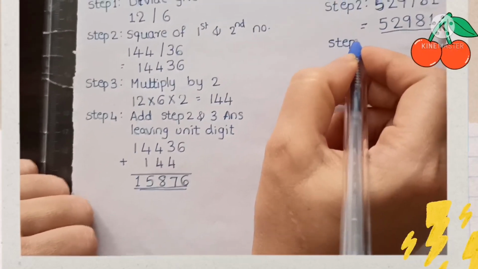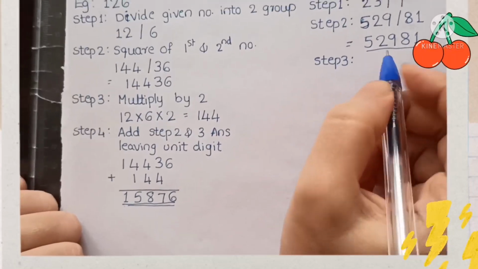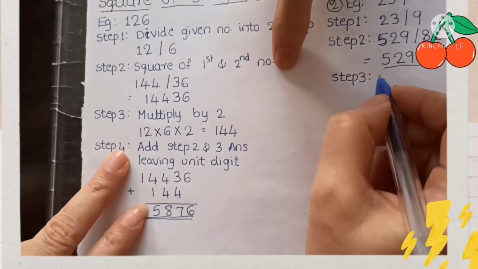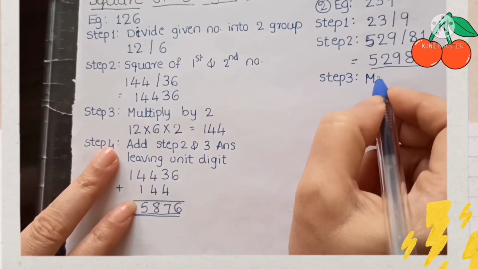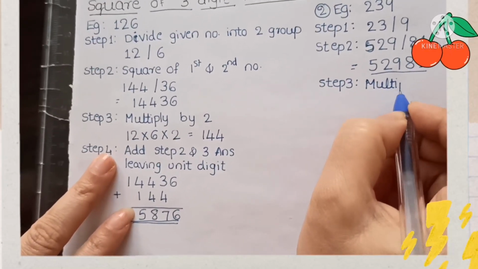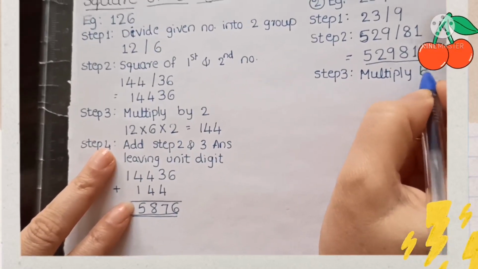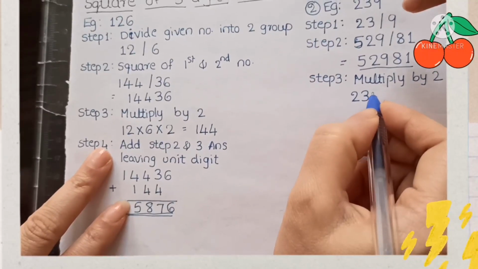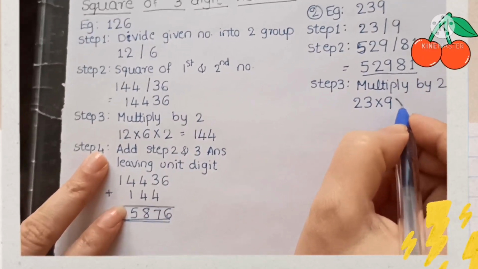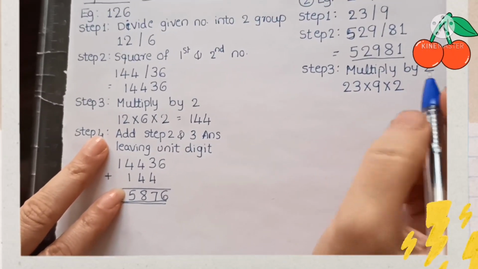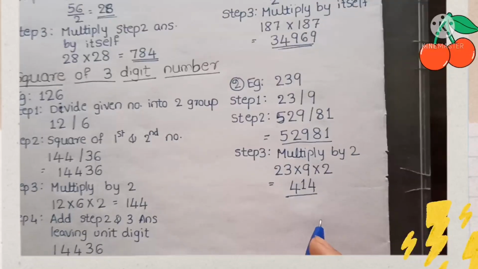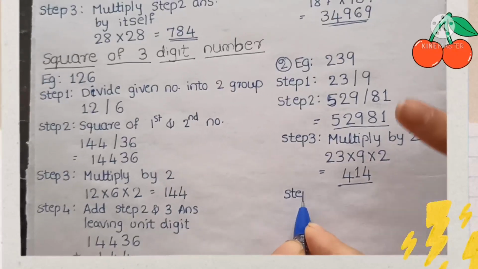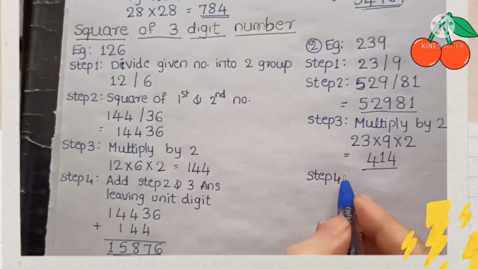So in step 3, we have to multiply both the numbers, meaning multiplying 23 and 9 by 2. So 23 into 9 into 2. Our answer is 414. But this is not our actual answer. There is one more step to get our final answer.